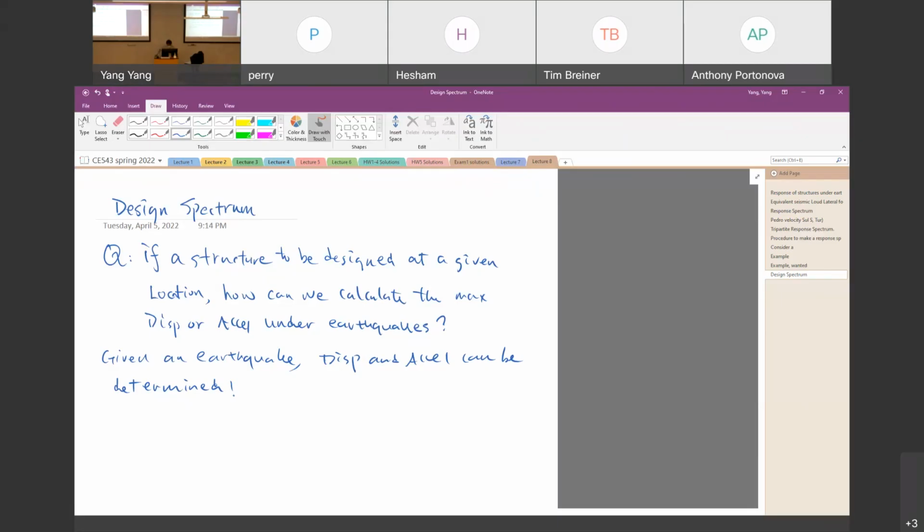So this is related to the design philosophy for earthquakes. For a given location, we can only tell the data of earthquakes during past years.